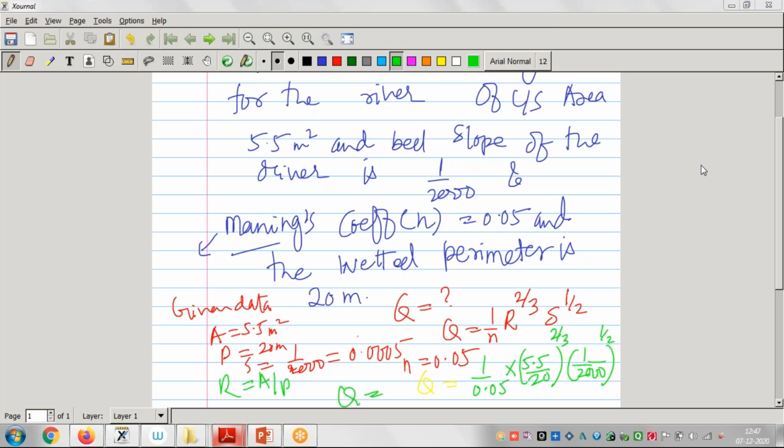How much will be the answer? 5.5 divided by 20 raised to the power 2 divided by 3, multiplied by 1 divided by 2000 raised to the power 1 by 2, multiplied by 1 divided by 0.05.